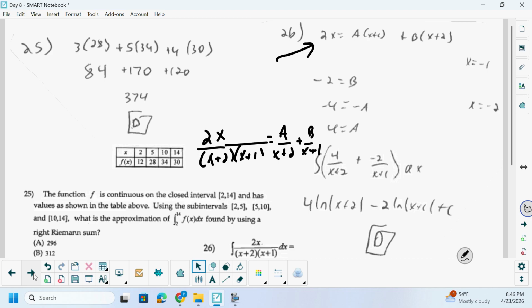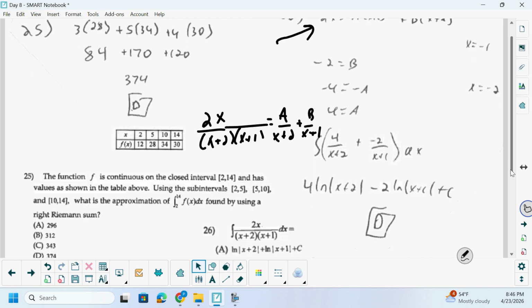So I let x equal -1, eventually get b is -2. I let x equal -2, eventually get a is 4. So write your separate fractions. These are technically u substitutions, but when u is equal to x plus 1, there will end up being no correction. So it ends up just being 4 natural log absolute value x plus 2. Then you've got a -2 natural log absolute value x plus 1 with your plus c, so choice D.